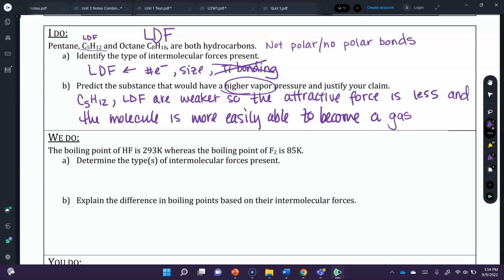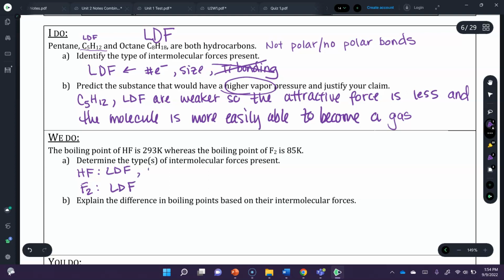So the boiling point of HF, hydrogen fluoride, is 293, whereas the boiling point of fluorine is 85. So 293 versus 85. Determine the types of intermolecular forces present. So we have HF and we have F2. Now everything has London dispersion force.